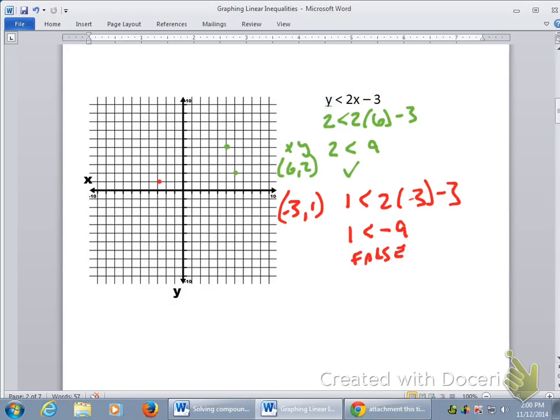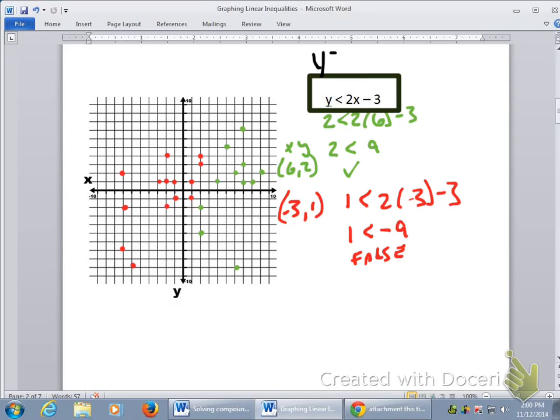Okay? Now, as a class, I asked everybody to come up with random examples of ones that worked and ones that didn't, so you can watch the ones that work and the ones that don't. And as you can see, they started dividing the paper up into two different places. So what we did then is we just kind of looked at what this inequality was trying to tell us.